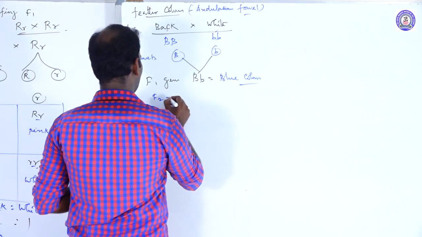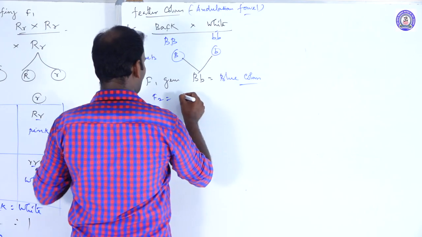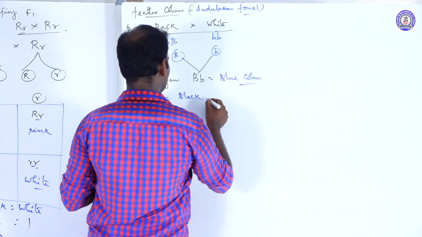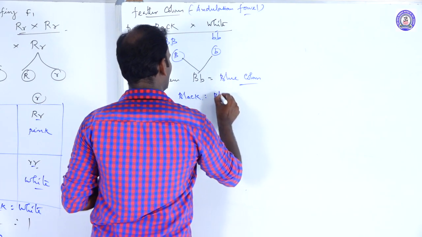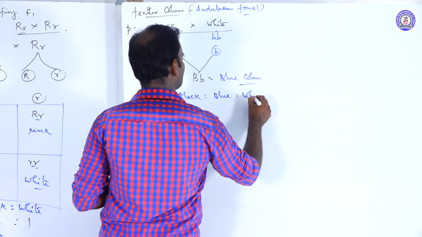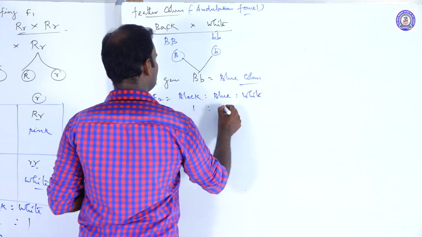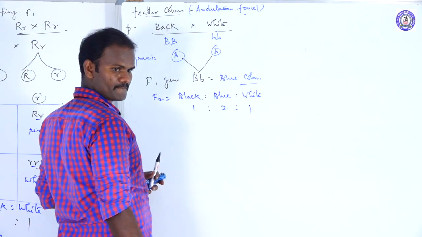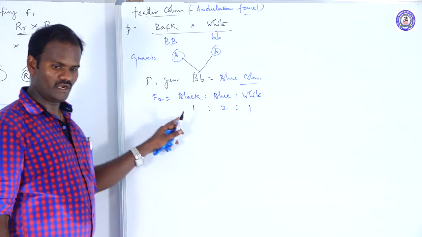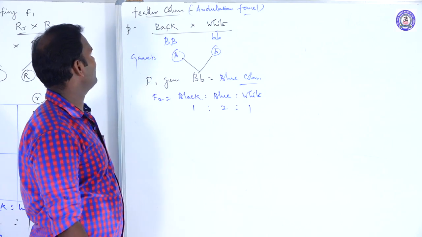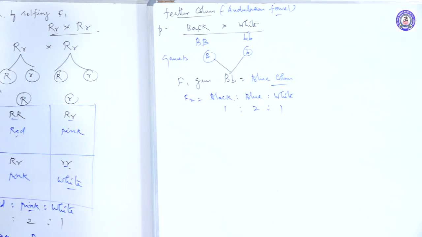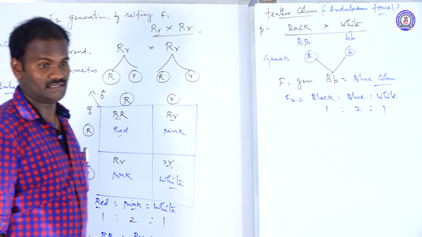If you obtain the F2 generation, the same ratio also appears: black, blue, then also white. The ratio is 1:2:1. In F2, both phenotypic as well as genotypic ratios are 1:2:1. This is the feather color of the Andalusian fowl. It is the first exception to complete dominance, called incomplete dominance.